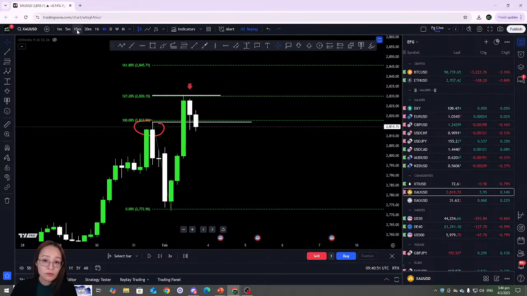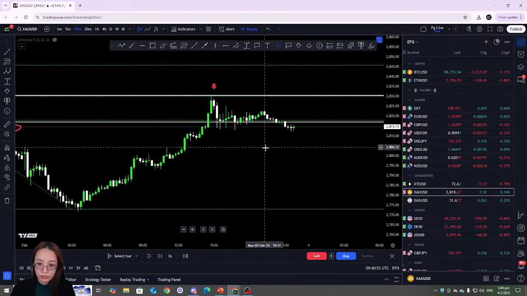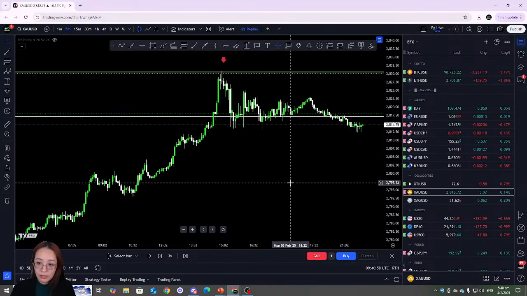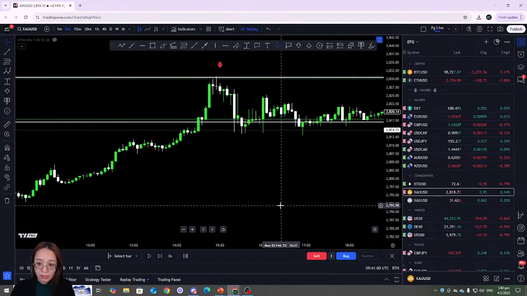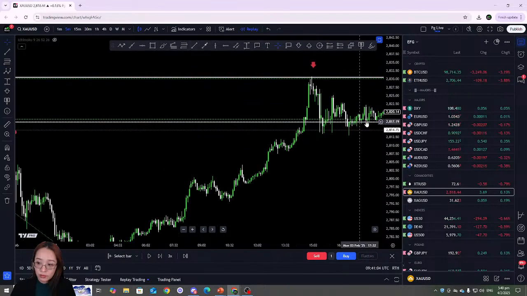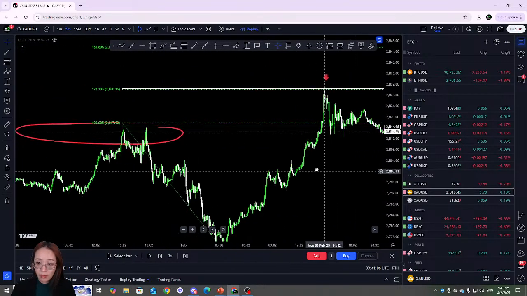If you go down to the lower time frame, what do you see? I go to M5. You see your lovely price action right here. It gives you the confirmation, the confidence to sell.